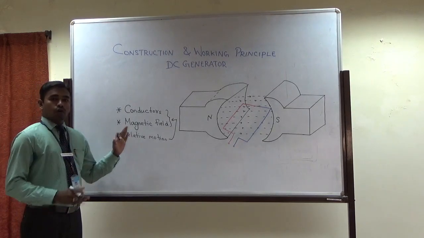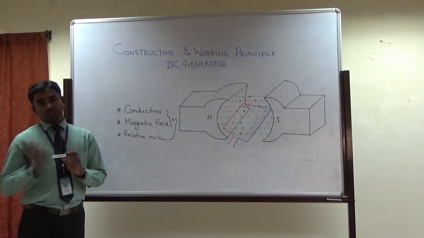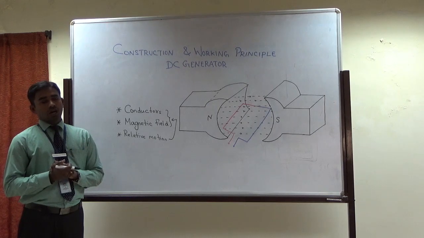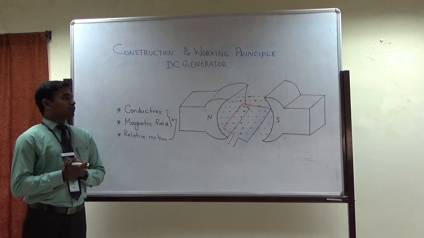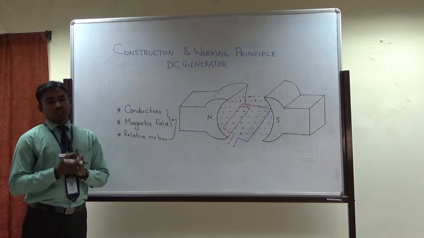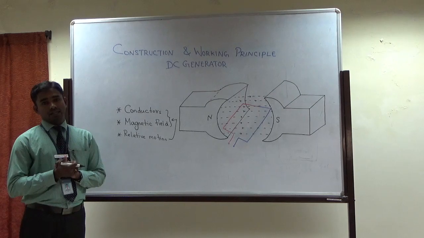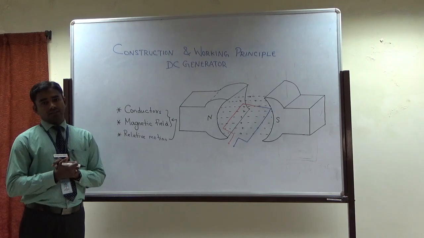Now, how can I say that these are the three essential parts of a generator? For that, first we must know how we can generate electricity by means of any machine. So now I will come to the law, Faraday's law of electromagnetic induction. Faraday is a scientist who invented how to generate electricity.